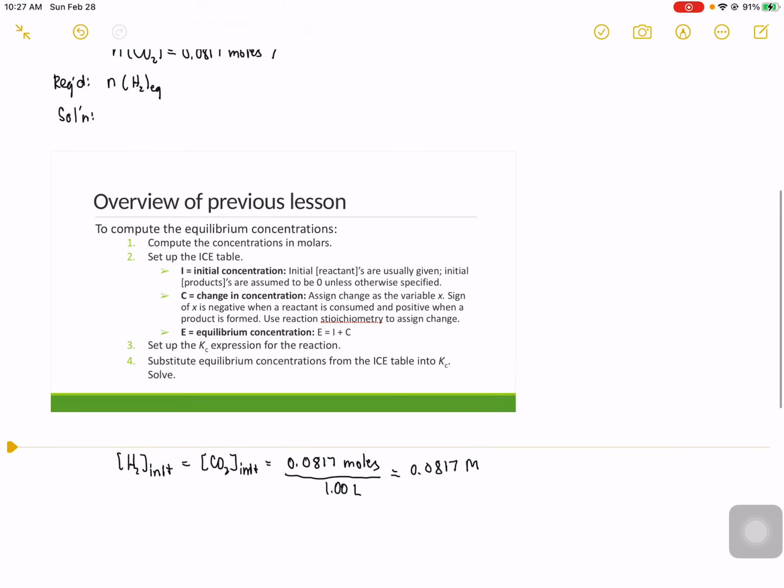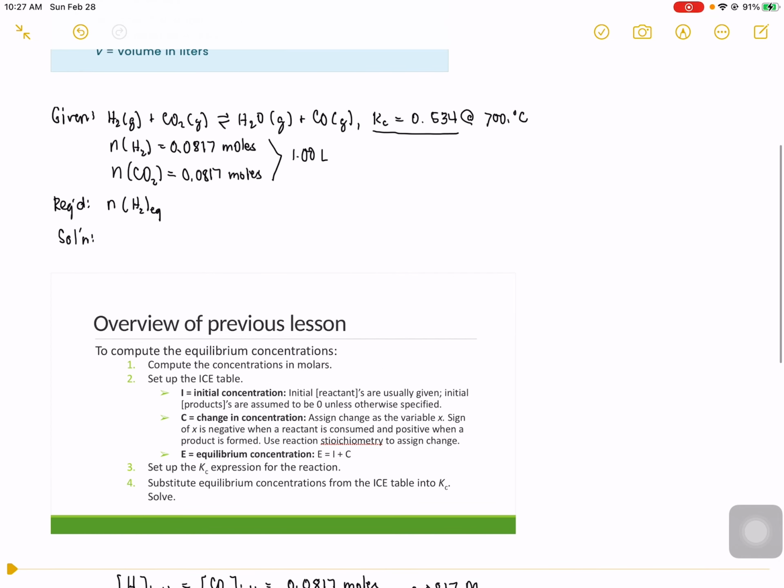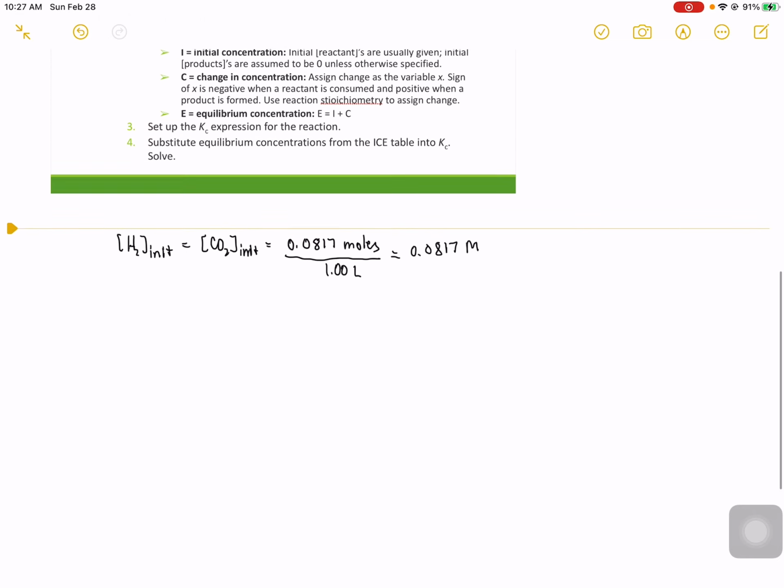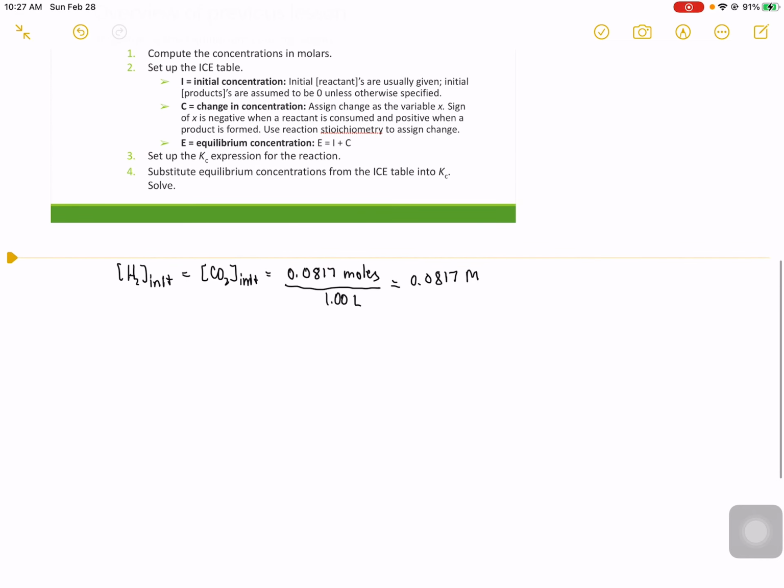So we just copy the balanced chemical equation that we have right here. So copying that one now, we have the following. So that's hydrogen plus carbon dioxide reacting to form water and carbon monoxide.